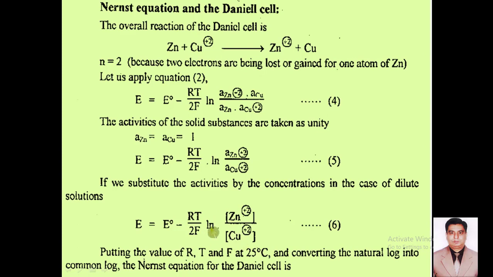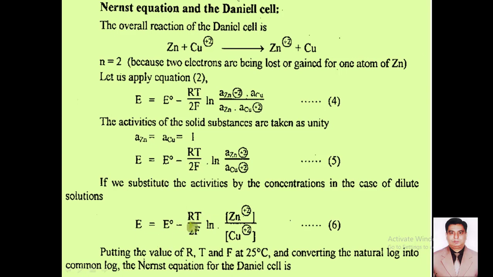So dear students, again if we put the value of R, T and F and divide it with 2, at 25 degrees centigrade, then the Nernst equation for the Daniell cell can be written as following.